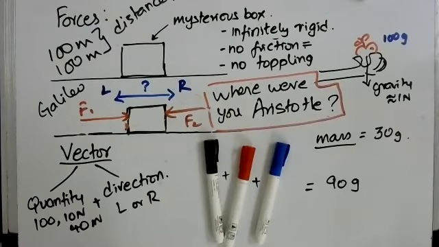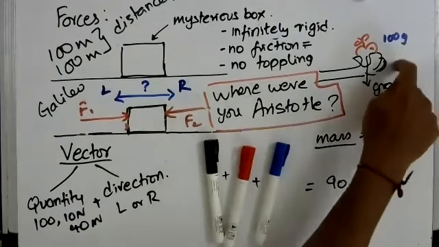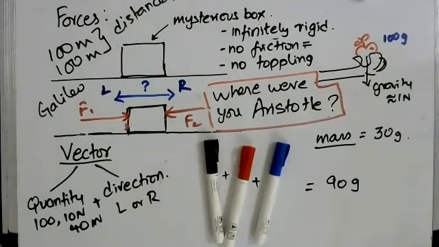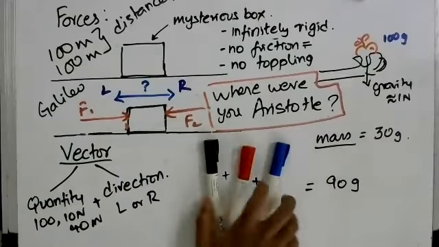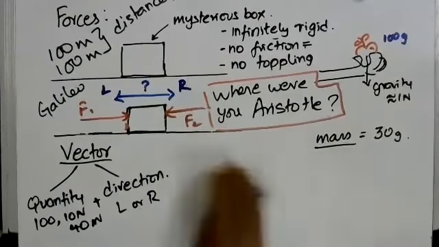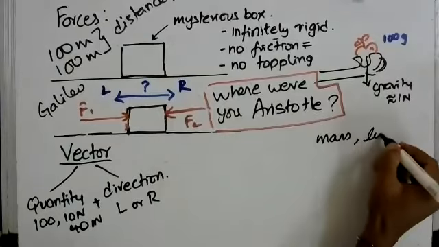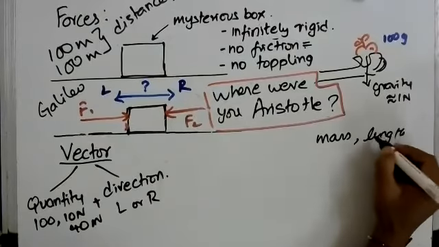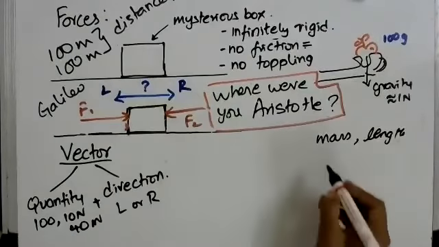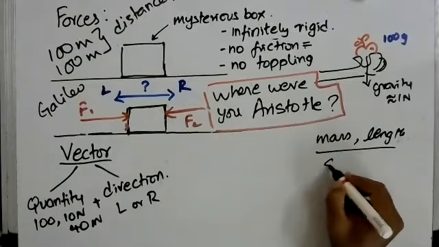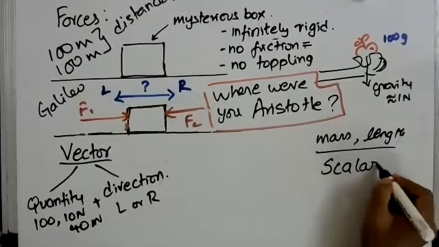Weight and mass. The force that you apply because of gravity can vary. This can vary on Moon. Newton. So therefore, these kinds of quantities like mass and length, speed, these quantities are called scalar quantities.